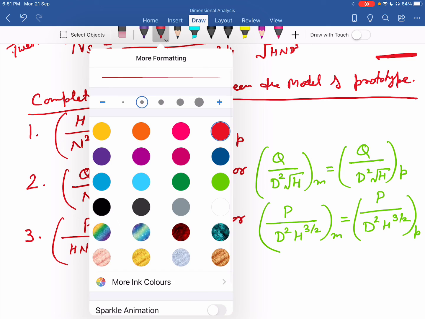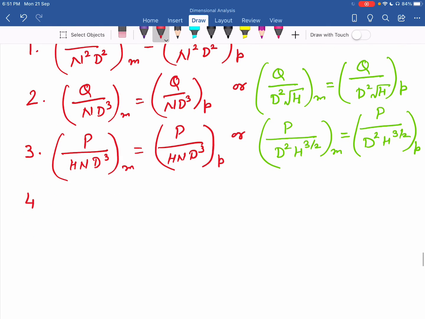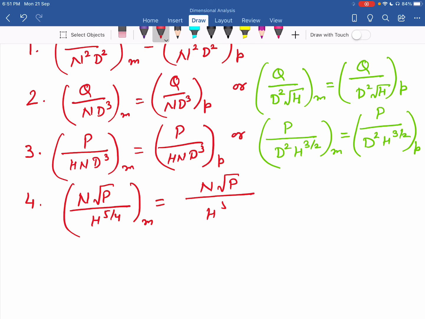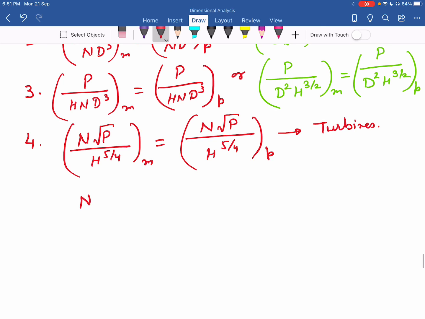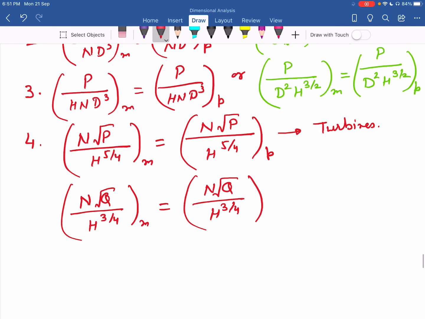And my fourth equation, that is the specific speed. I write the fourth equation as N under root of P, H raised to power 5 by 4 for model equal to N under root of P, H raised to power 5 by 4 for prototype. I use this equation for turbines. And the last equation, N under root of Q, H raised to power 3 by 4 for model is equal to N under root of Q, H raised to power 3 by 4 for prototype. I use this equation for pumps.